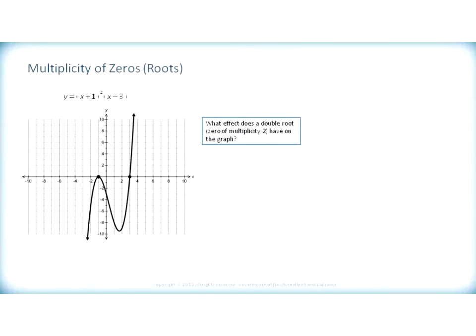On the other hand, this example gives us the function y equals x plus 1 all squared times x minus 3. Once again, to determine the zeros of the function, we have to let y equal 0. So we have x plus 1 squared multiplied by x minus 3 equal to 0.